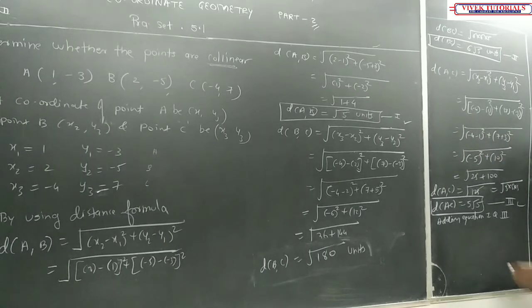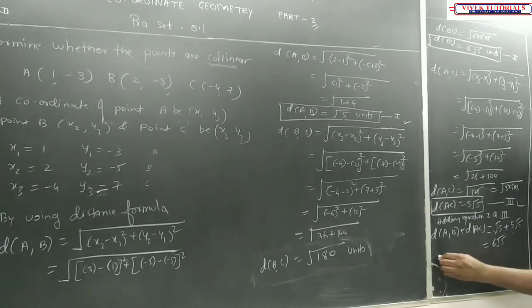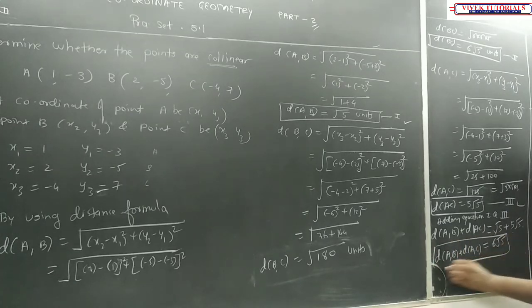So adding those two, distance AB plus distance AC is equal to root 5 plus 5 root 5. Now root 5 plus 5 root 5 is 6 root 5. Or you can take root 5 common: 1 plus 5 becomes 6. This is distance AB plus distance AC is equal to 6 root 5, equation 4.